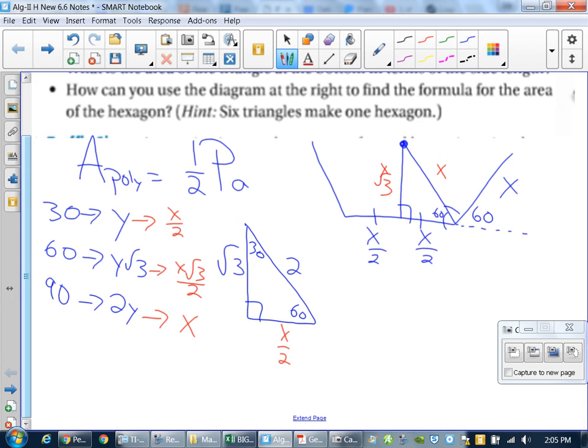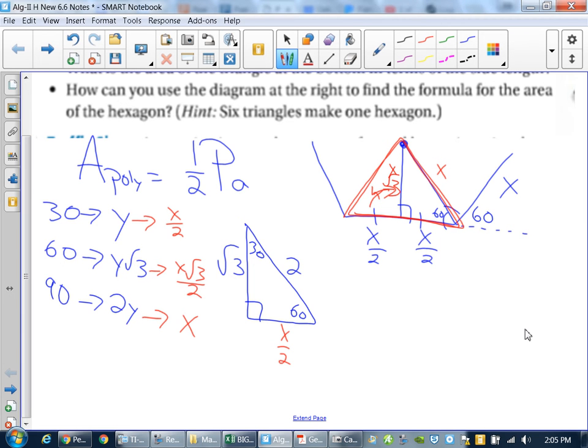It asked you to figure out the area of this lower triangle. This is my height. The area of a triangle is 1/2 base times height. The base of this triangle is x. The height is x root 3 over 2.